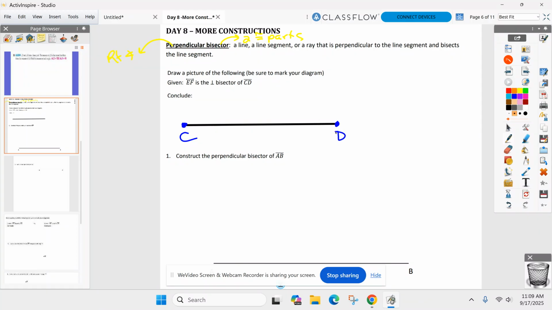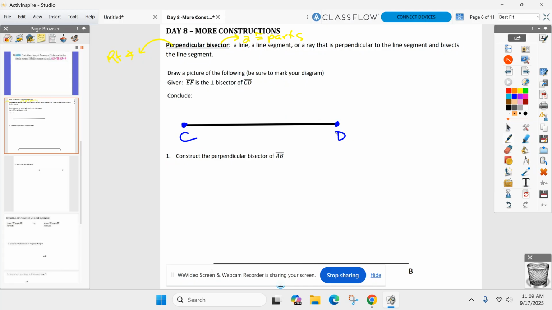Now we're going to draw line EF, but it's got to be pretty specific. Line EF has to be perpendicular to CD and bisect it. Throw on EF where you think it is. It's got to be somewhere specific, because it's a perpendicular bisector. And it's got to be a line, so throw arrows on it.